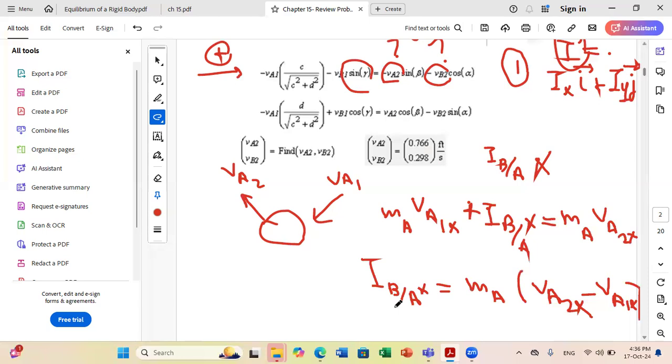So we can say that the impulse of B on A along y is equal to MA times VA2y minus VA1y. Okay. And now once you solve for impulse in x and y, you get the vector.